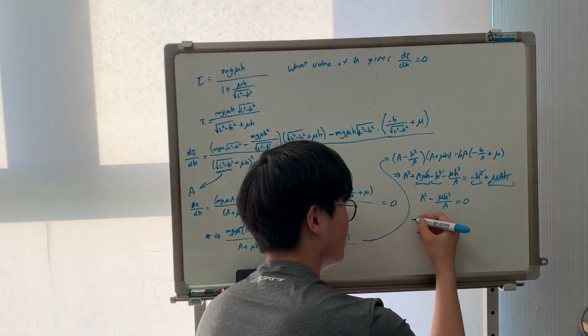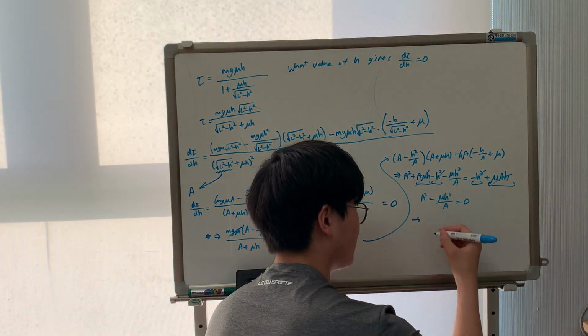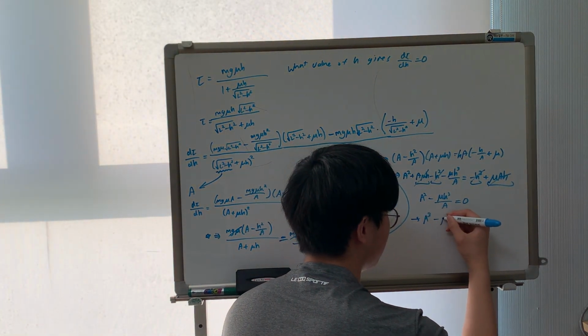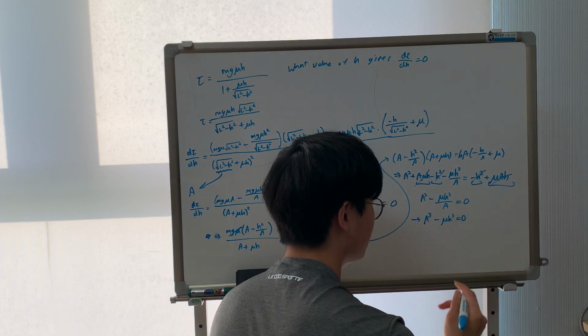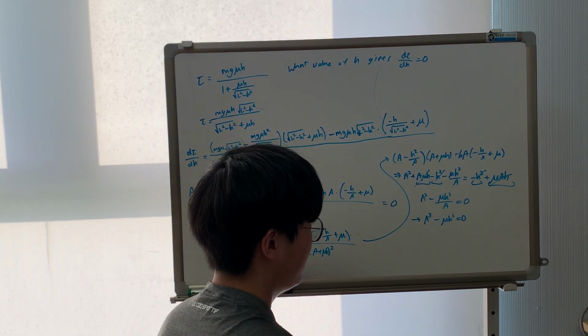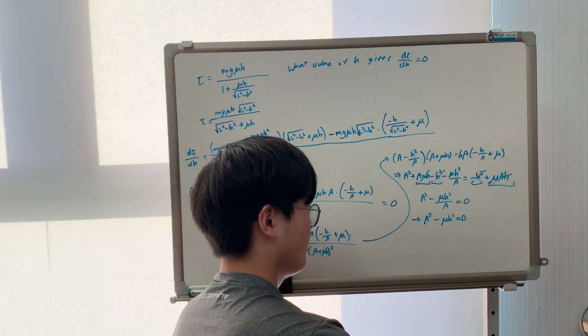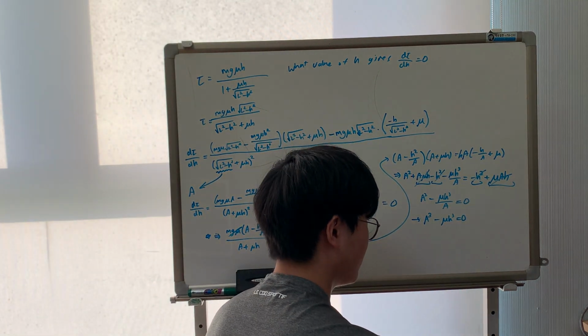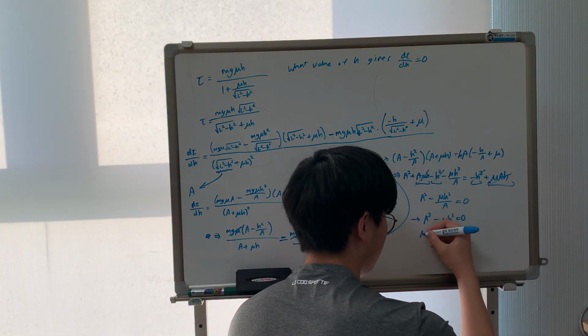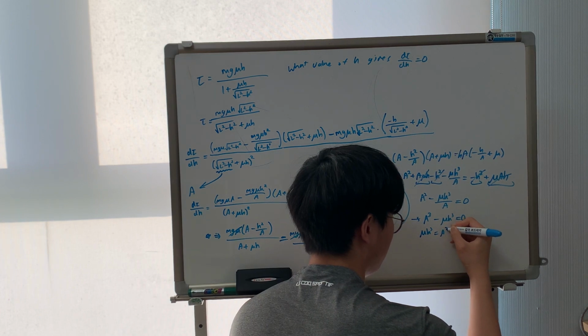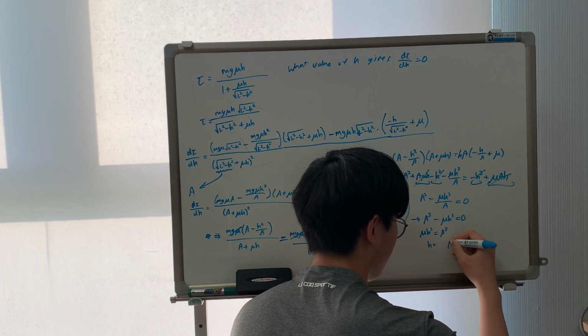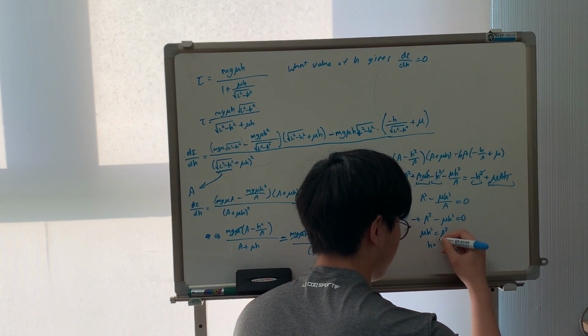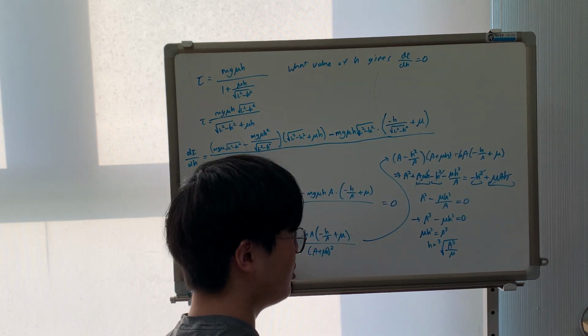Now this here, we could multiply a in both sides and get a cubed minus mu h cubed is 0. And so when we rearrange this in terms of h, we have mu h cubed is equal to a cubed, so h is equal to a cubed divided by mu, and cube root.